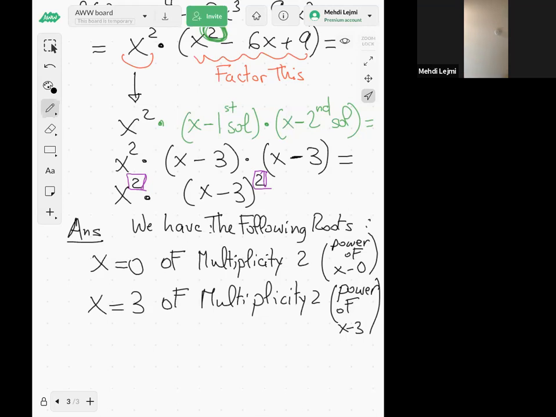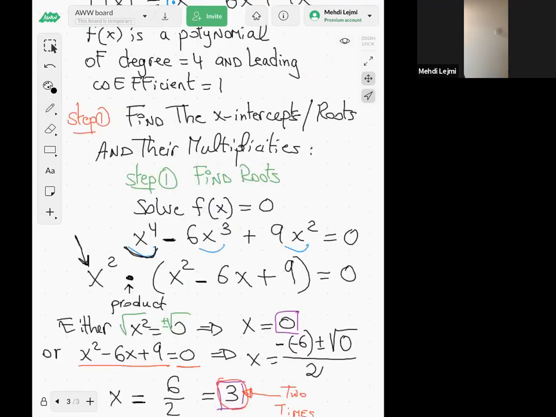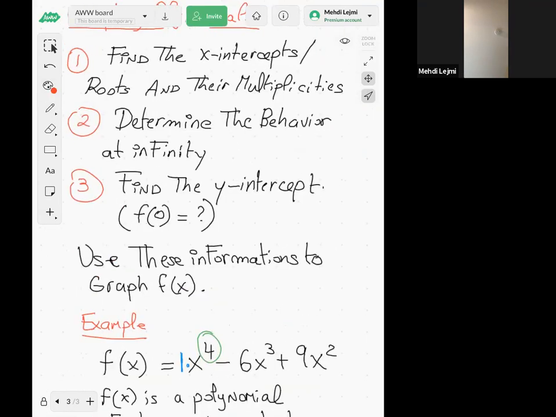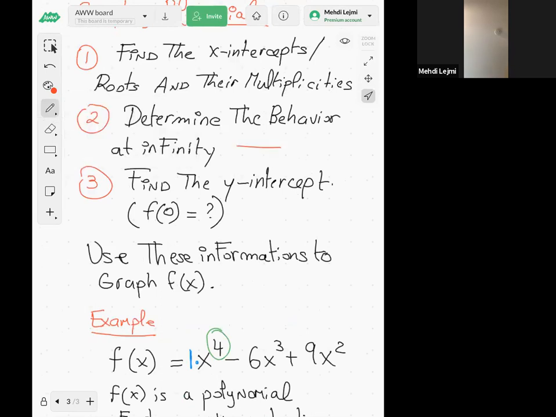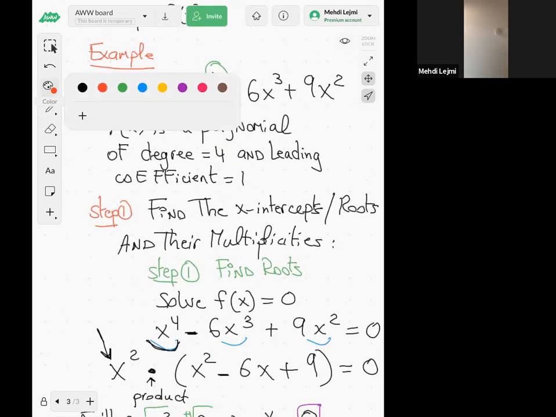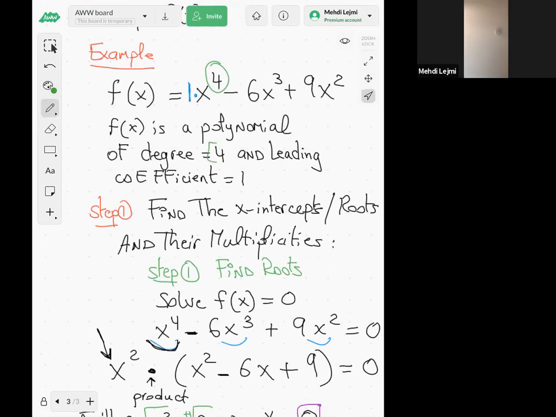We said the second step is to determine the behavior at infinity. So what's the behavior at infinity here? The degree of this f of x is 4, which is even, and the leading coefficient is 1, which is positive.